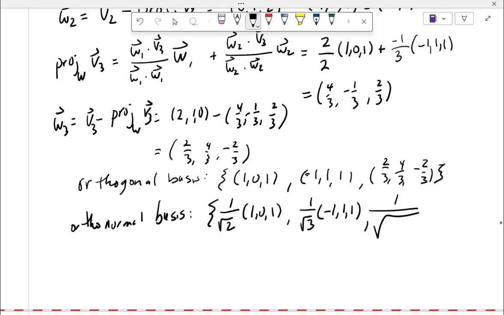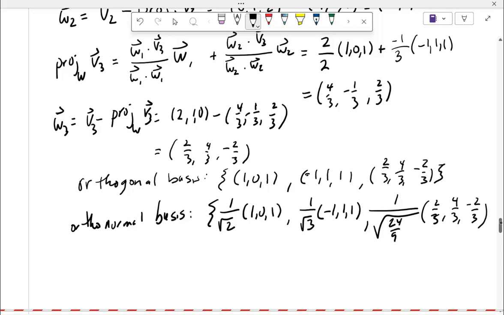4 ninths, 16 ninths, gives you 25 ninths, 29 ninths. Did I do my arithmetic right? No, I did not do my arithmetic right. Try that again. 4 and 16 is 20 plus 4 is 24 ninths.